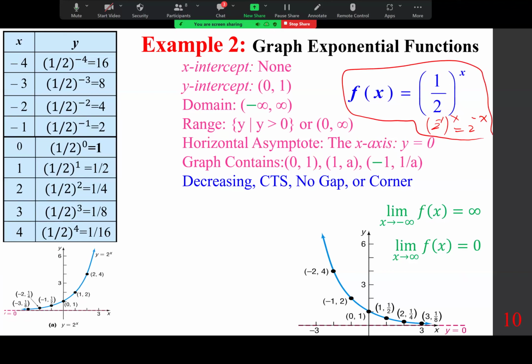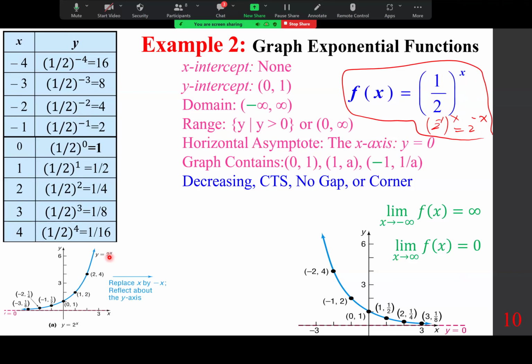Notice that. So you can replace the x with negative x, which means reflection about the y-axis.